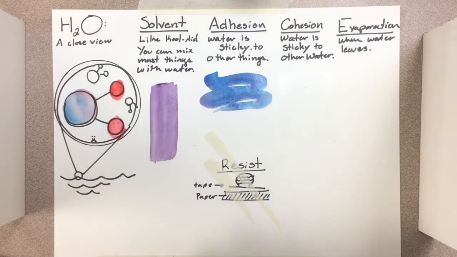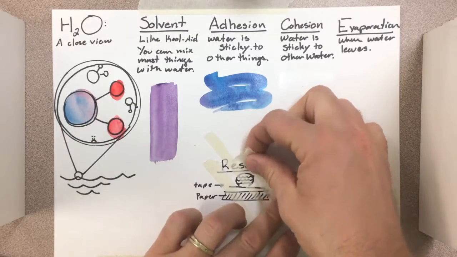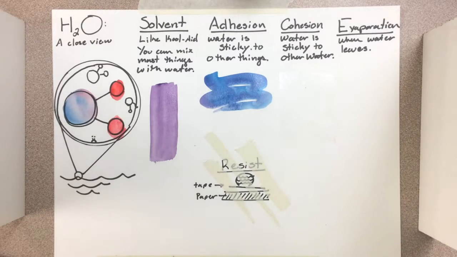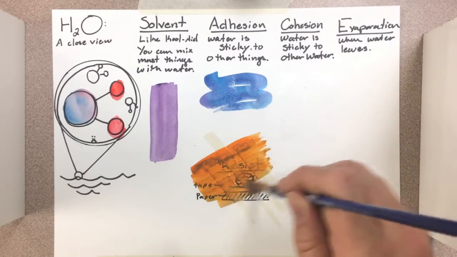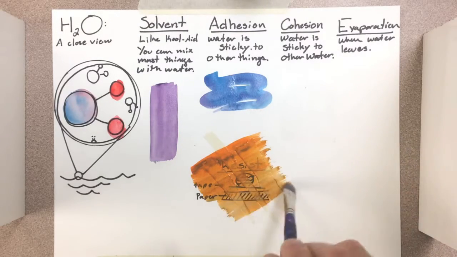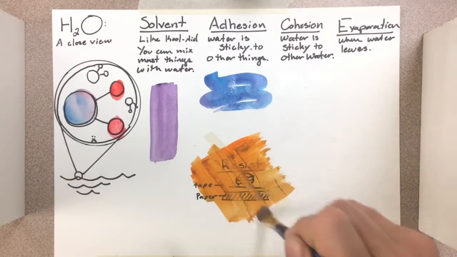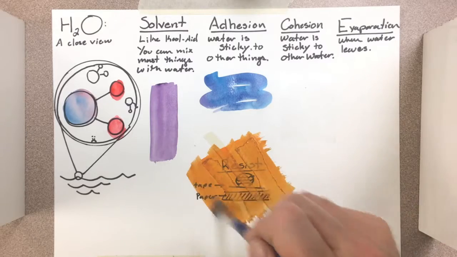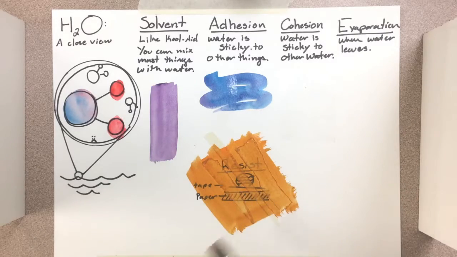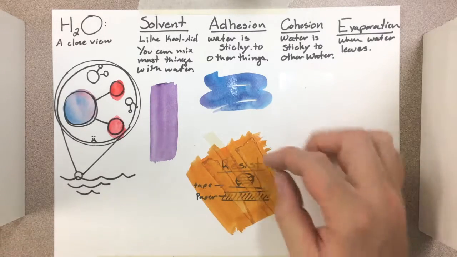Now there's also something interesting about this marker that I'm using. This marker also is not water soluble, so that means it's not going to dissolve in water. There's certain kinds of compounds that work this way. But if I paint across the tape here, the tape resists the water and it leaves the paper underneath completely clean.